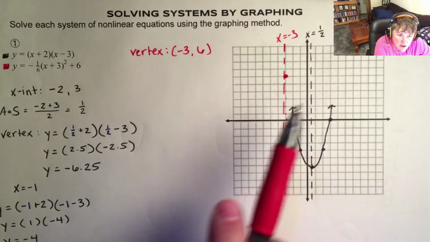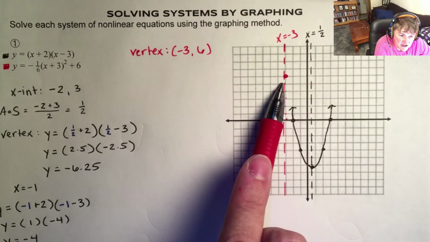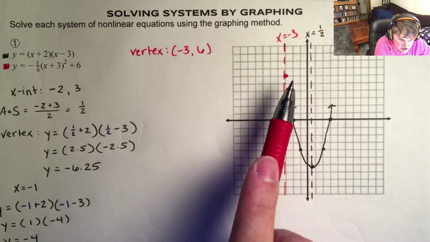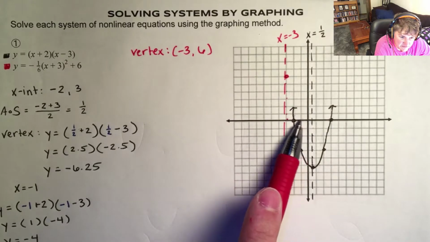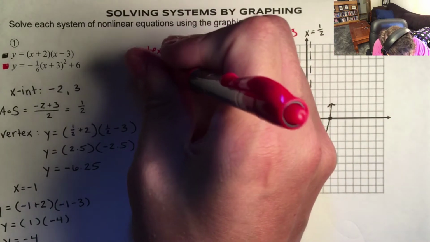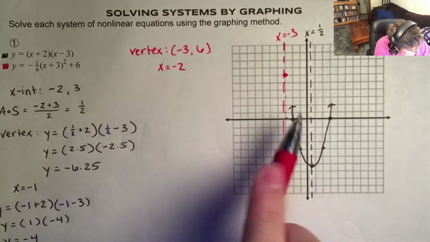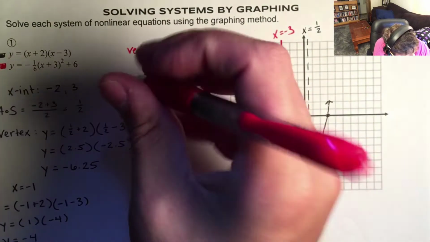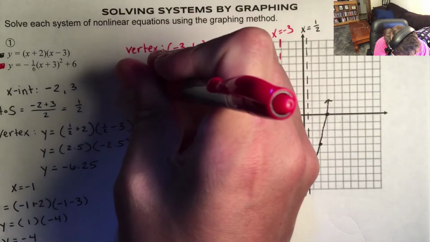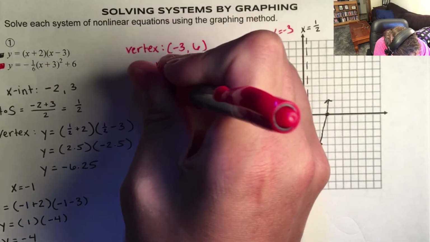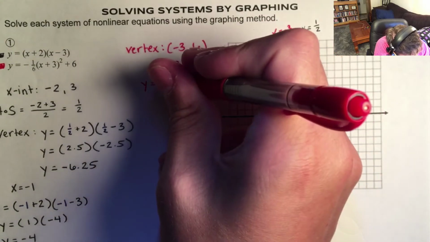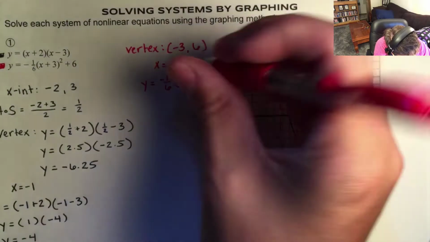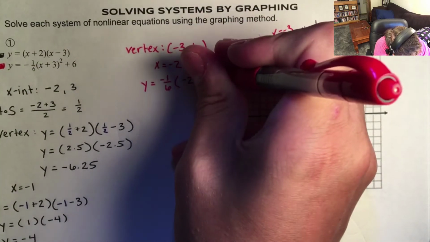So we're going to have to see, and we might have to do more for the black line. Okay, so let's go ahead and find when x is, let's just do when x is -2. We're just kind of working towards the other curve. So when x is -2, we get -1/6 times -2 plus 3 squared plus 6.